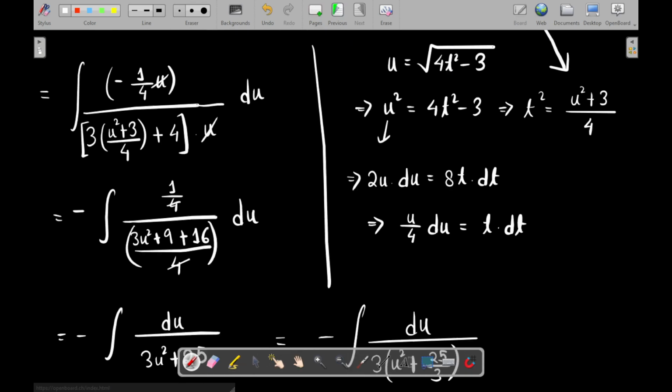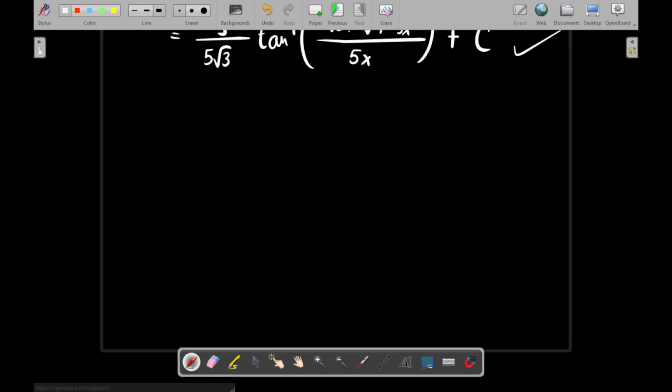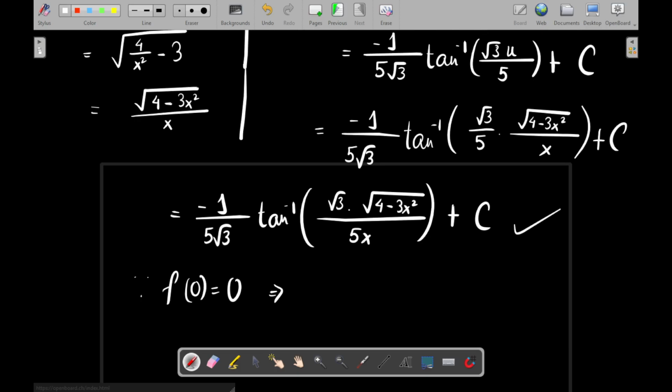So if we put f0 equal to 0, this implies that on putting value of x equal to 0, this integral changes to 0. So 0 equal to, on putting x equal to 0 here, you see there is an x term in the denominator, right?